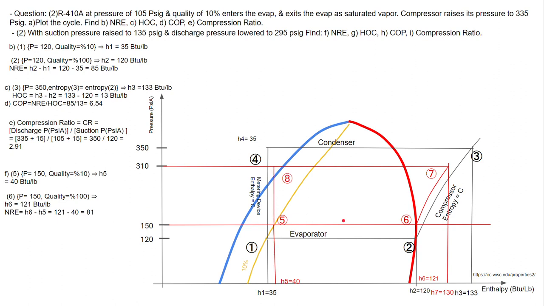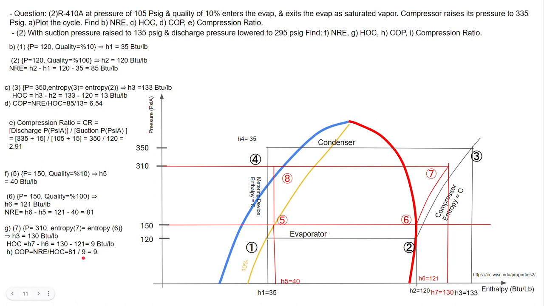The heat of compression for the new cycle is H7 minus H6, which will be 9 BTU per pound.